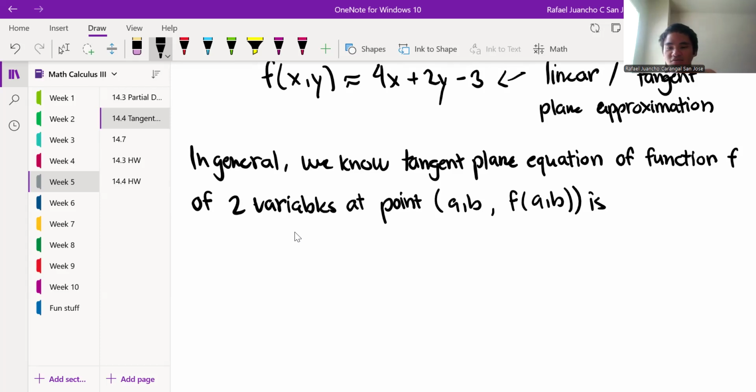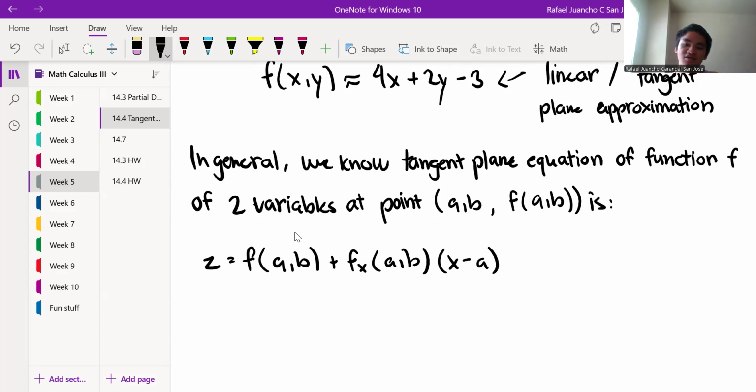And it's the following. Our output z equals f of A, B, plus f sub x, so we're taking its partial derivative with respect to x, of A, B times x minus a, plus f sub y of A, B times y minus b.